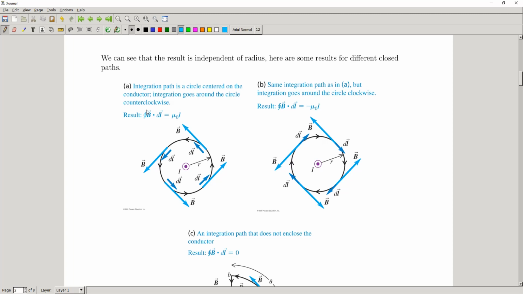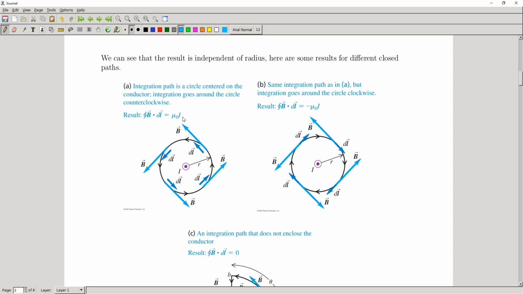So here we see that our closed loop integral around our circle of B dot dl is equal to mu naught I. Here it's going to be equal to minus mu naught I, because at every point, every little contribution adds up negatively instead of adding up positively. And so this already suggests that we can end up with a right-hand rule from this.